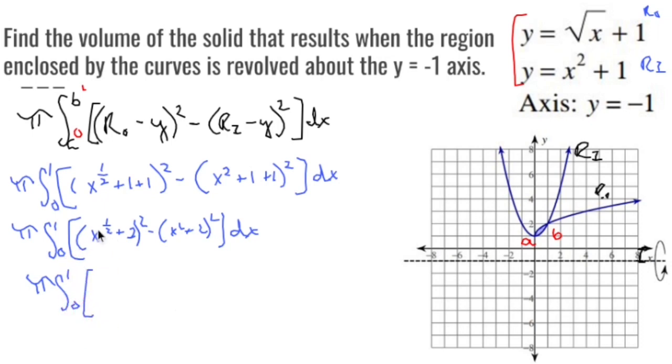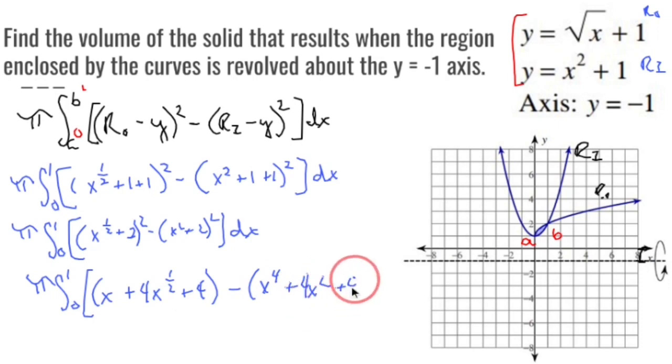So this is going to become x plus 4x to the 1/2 plus 4 minus, this is going to become x to the 4th, or rather plus 4x squared plus 4, close it, bracket it, dx it.